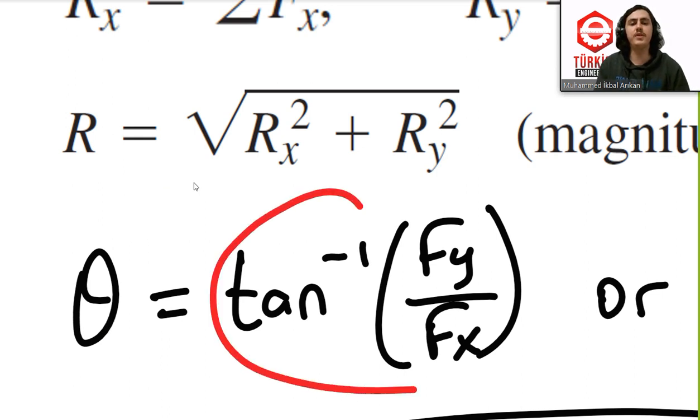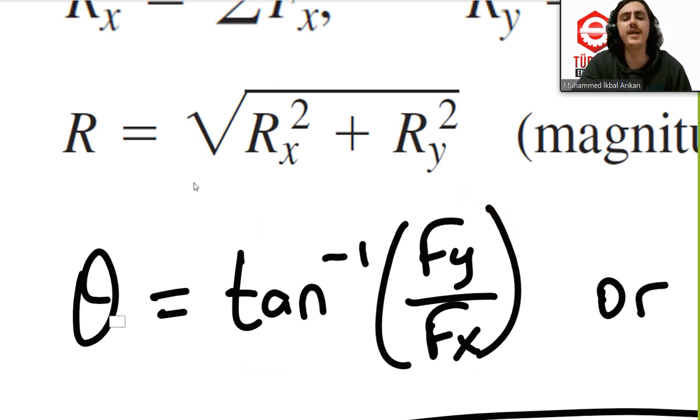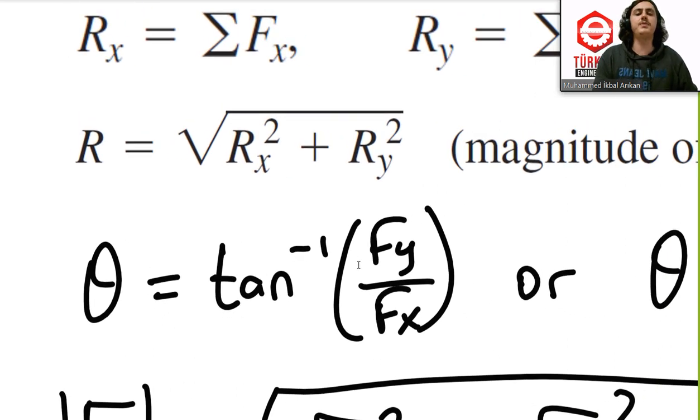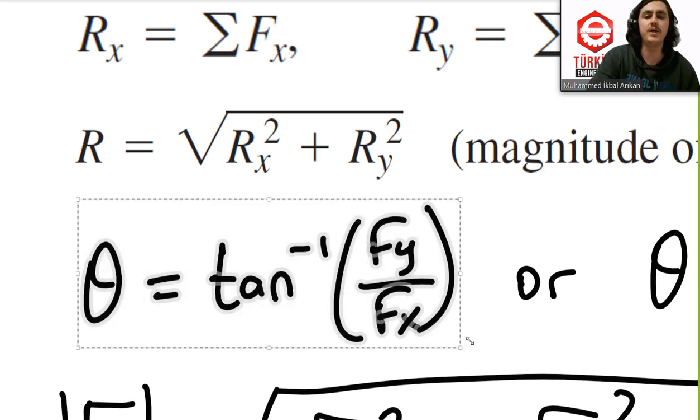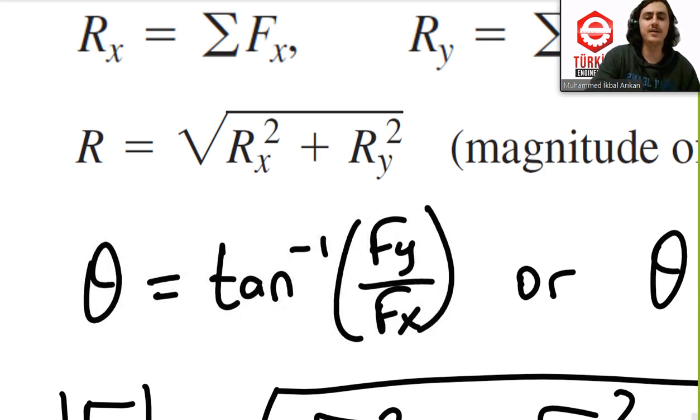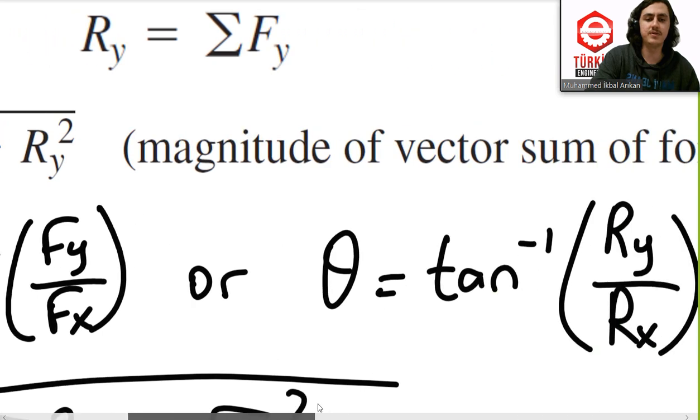Actually, this formula will give you this angle for all cases. If you have 0 degrees, Fy divided by Fx will give you 0 degrees. If you have 90 degrees, this formula will give you 90 degrees. So for each case, this formula will be applicable. The inverse tangent of Fy divided by Fx will give you the angle. This comes from geometry, and we explained why we use this formula in the velocity section in the previous chapter.